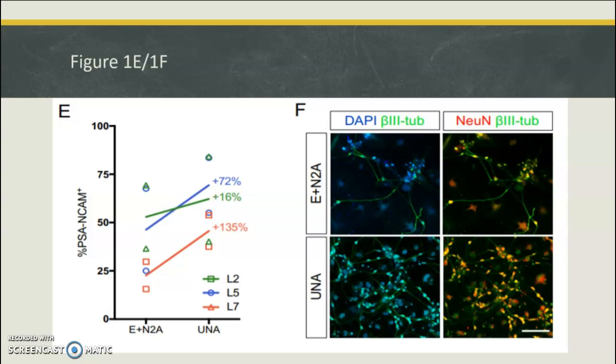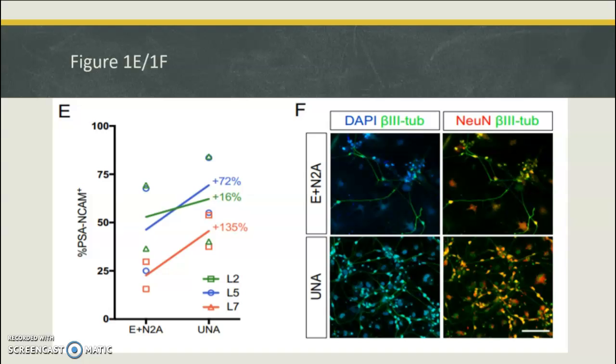Scientists wanted to show that no matter the performance level of fibroblast cell lines, the new construct UNA can increase the efficiency of direct reprogramming. And as you can see, low-performing cell lines increased efficiency by expressing PSA-NCAM over 100%. And even with high-performing cell lines, there is still an increased efficiency by 16%. This shows that scientists were able to successfully demonstrate their construct to increase direct reprogramming.